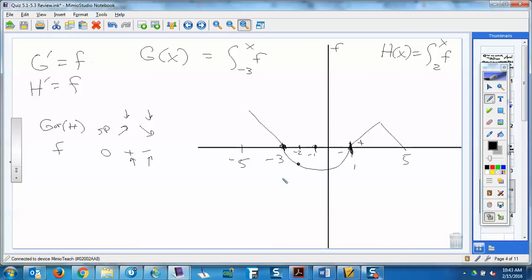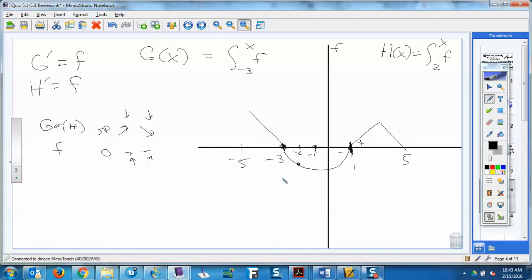You're talking about area here. Are you talking about minimum or maximum? The minimum's at -5. Okay. I agree. But I'm not sure about your reasoning there.